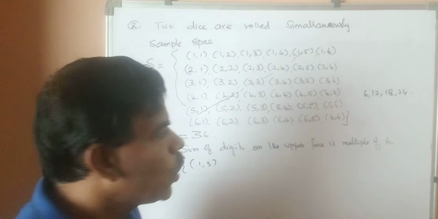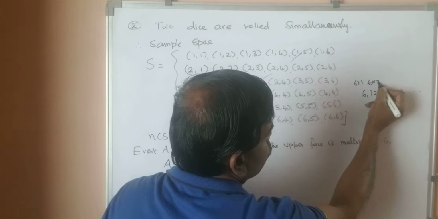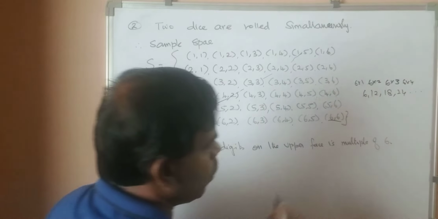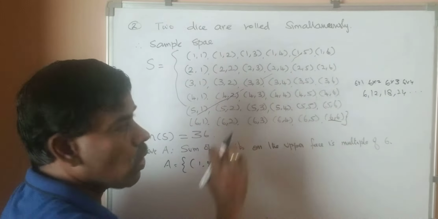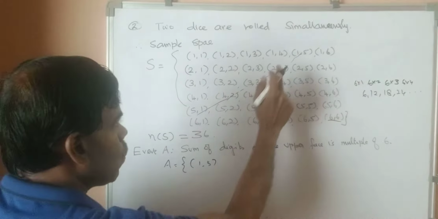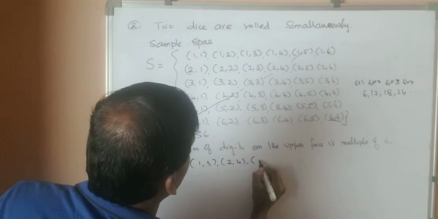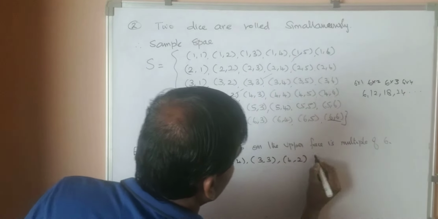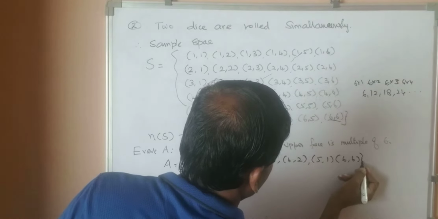12. 2 sixes are 12. So, this is also there. So, these are the elements which are multiples of 6: 1 5, 2 4, 3 3, 4 2, 5 1 and 6 6.